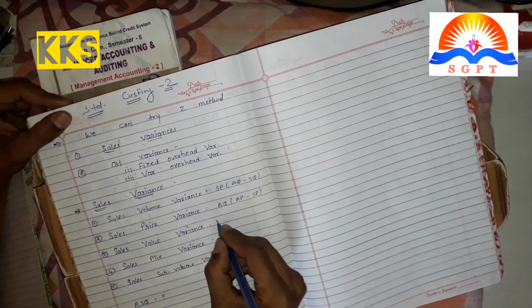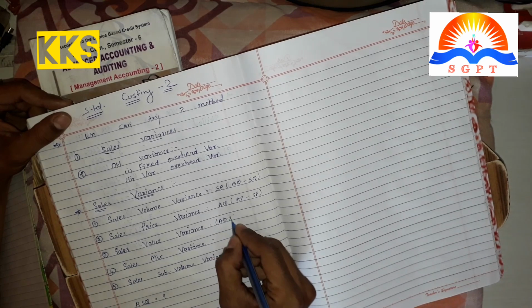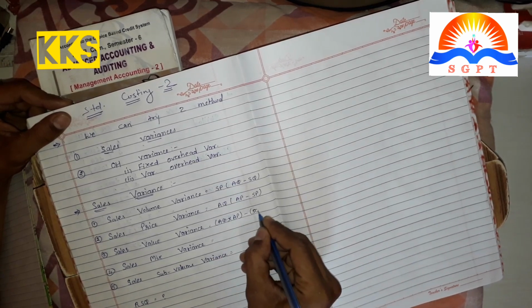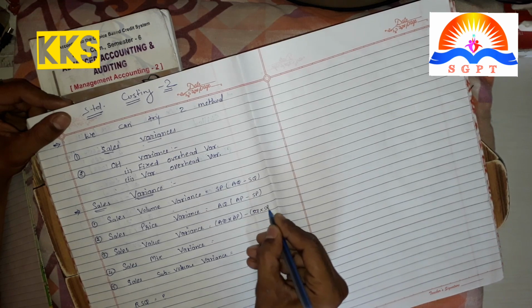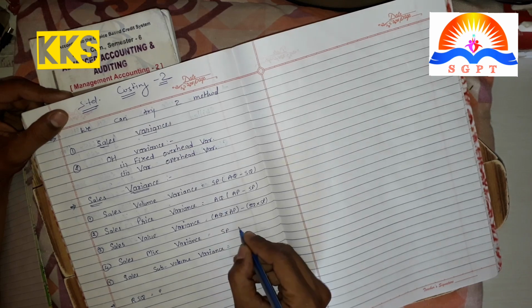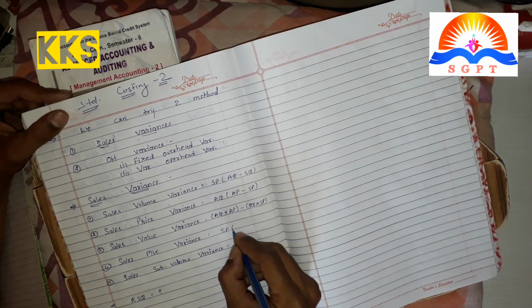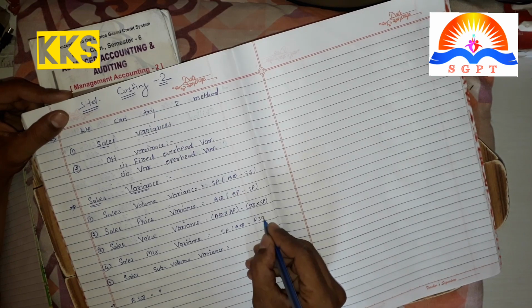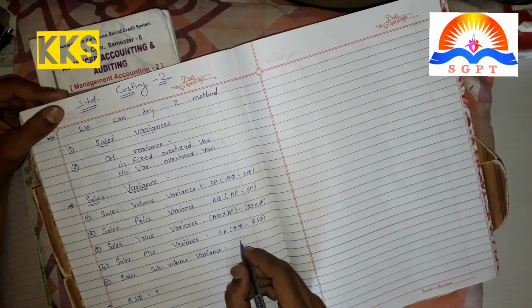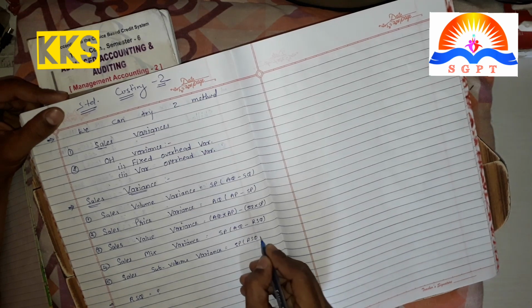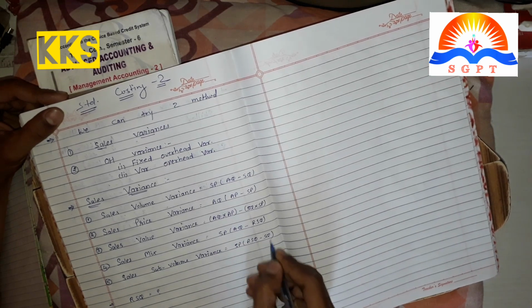Sales value variance is AQ into AP minus SQ into SP. Sales mix variance is SP into AQ minus RSQ. Sales sub volume variance is SP into RSQ minus SQ.